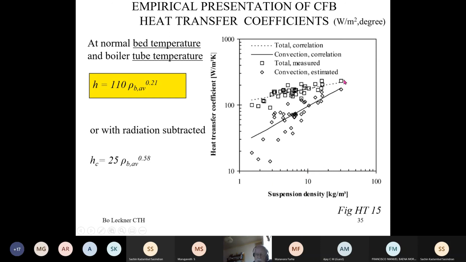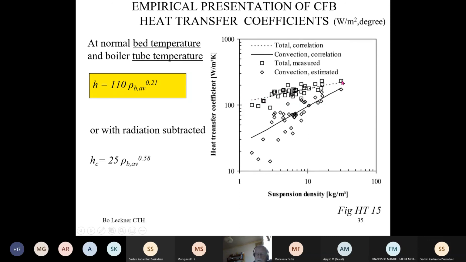And then we get a relationship that looks like this, heat transfer coefficient, logarithmic scale. And it is reasonable in the ends. It is reasonable for very low suspension densities where radiation is dominant with radiation efficiency 1.